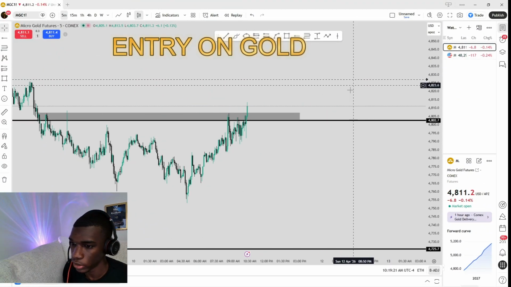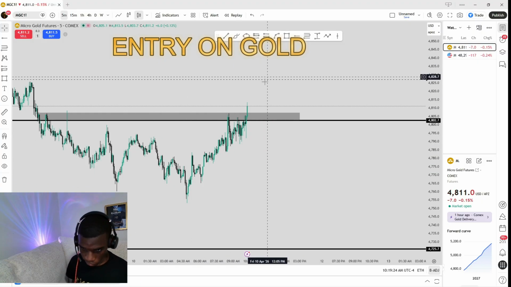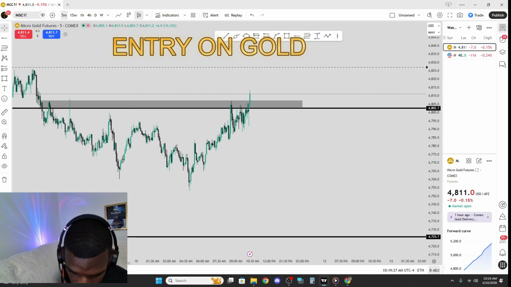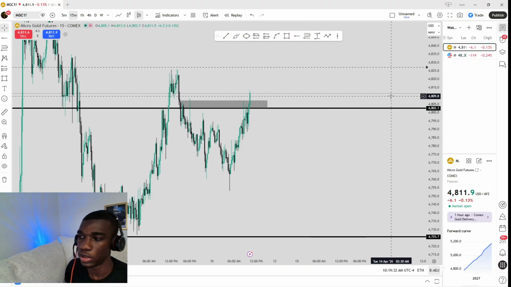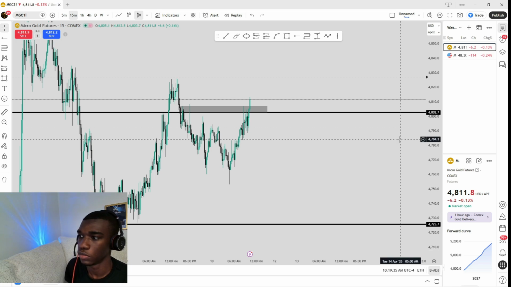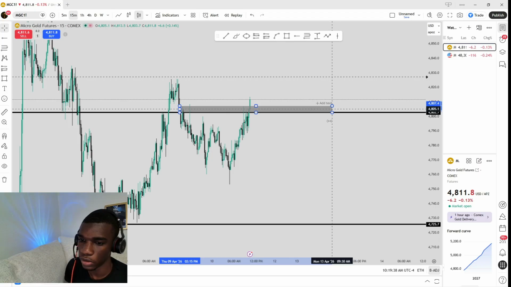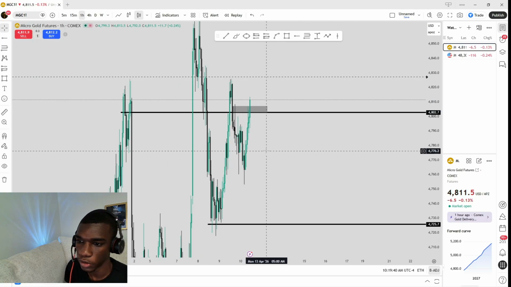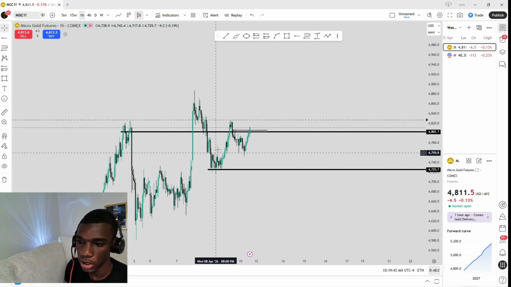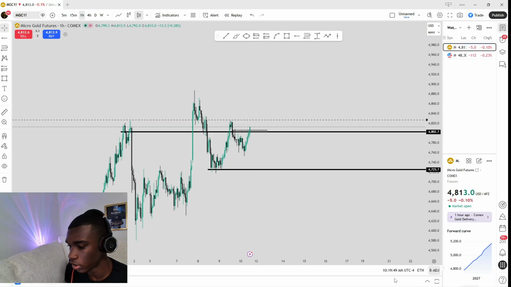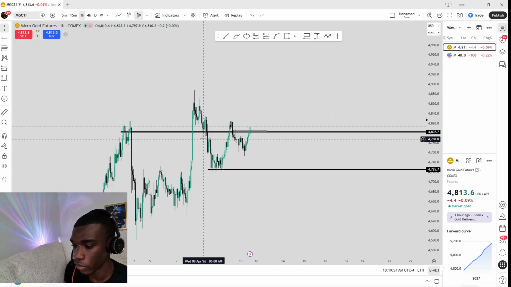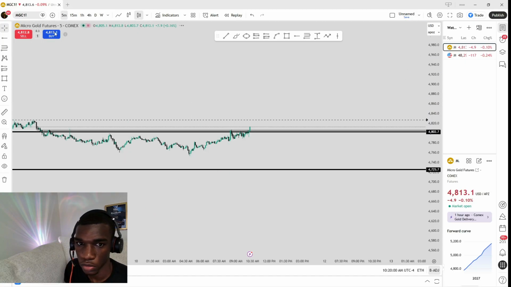So I'm going to enter a gold buy here because price has broken that level, and I'm going to buy. This is the level I wanted it to break. Once more, it's above that line, broke that high, and I'm waiting on this 5 minute to close in the next 10 seconds. 9, 5, 4, 3, 2, 1.